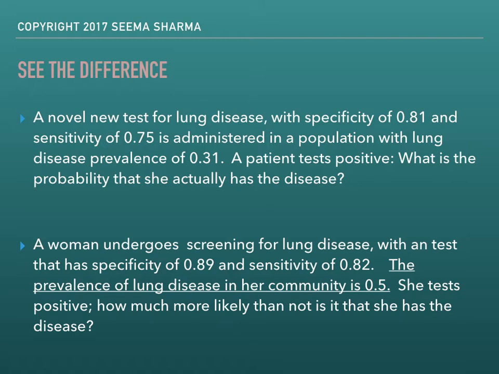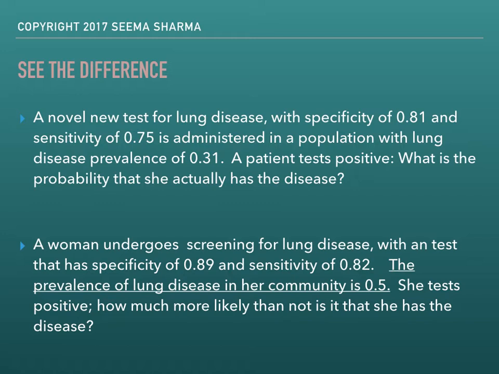In the first question, it's telling you that she tests positive and asking you the probability that she actually has the disease. So it's asking you for a predictive value, and it's a positive predictive value because she tests positive and they're asking if she actually has the disease. In this case, you would need the three values provided: the specificity, sensitivity, and prevalence.